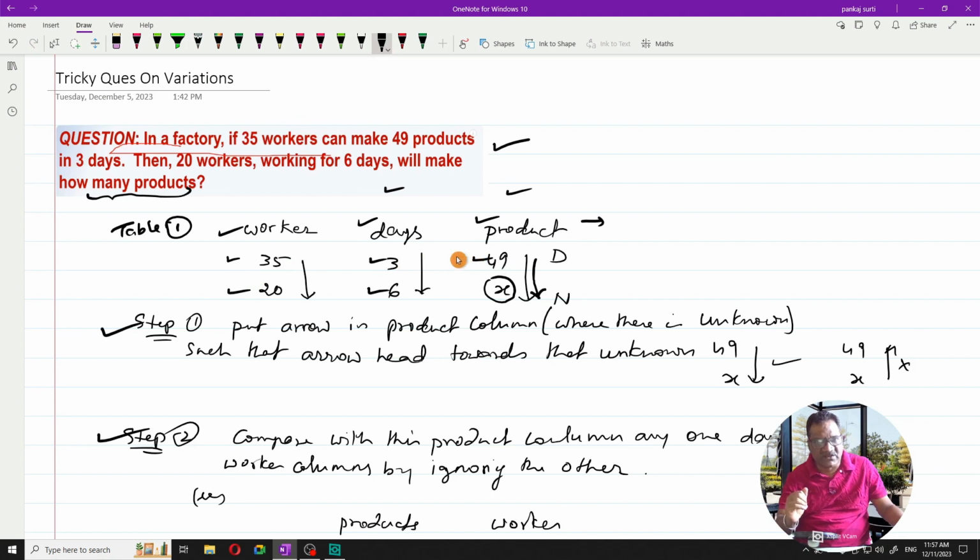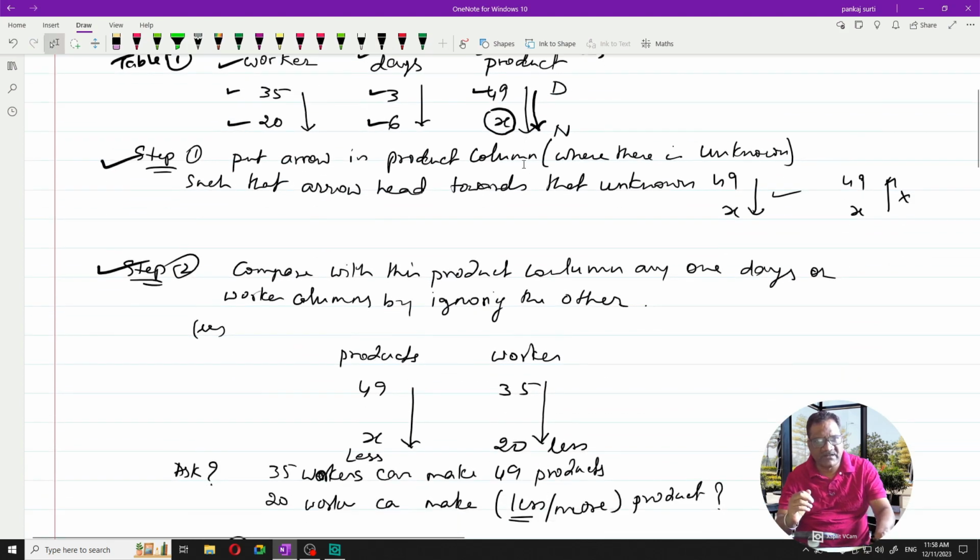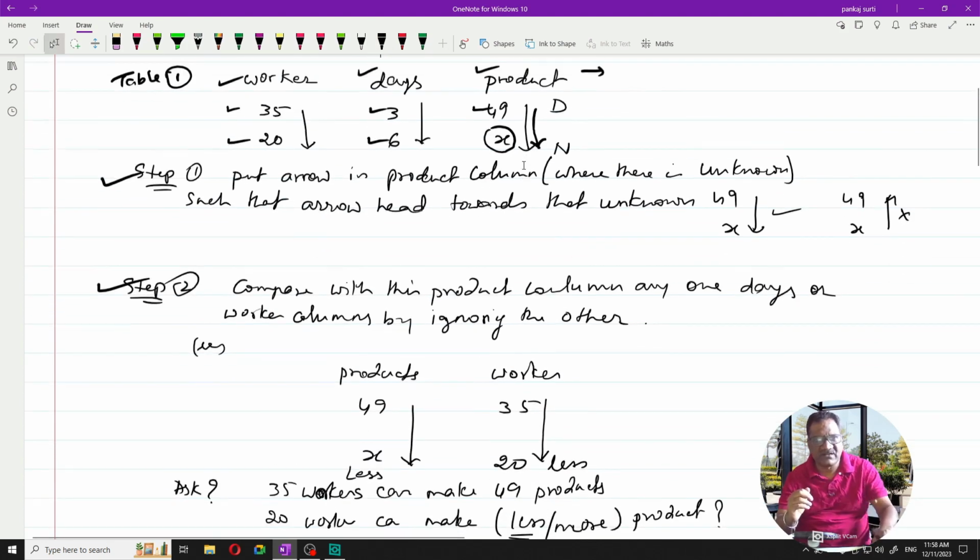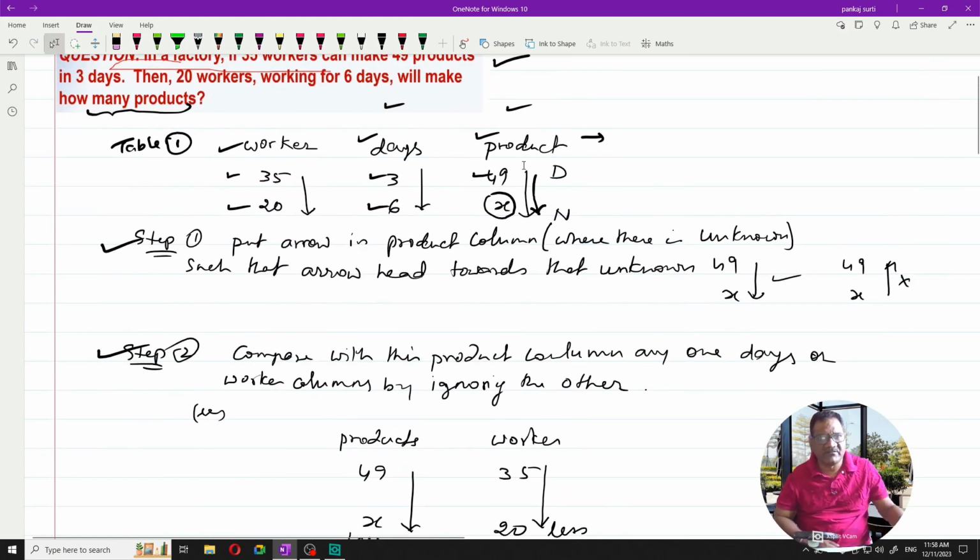For now, in step number 2, I am going to compare the product with the workers column. So let me compare the product column and the workers column. That is step number 2: compare with the product column any one of the days or the workers column, ignoring the other.